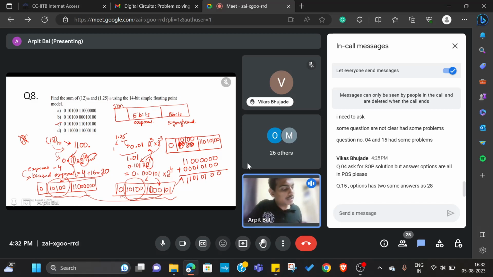Then we saw that the exponents for the first number and the second number were different. To resolve that, we found out which exponent was the lowest. We saw that the second number's exponent was the lowest, and then we multiplied the second number with another number such that the exponents become equal.